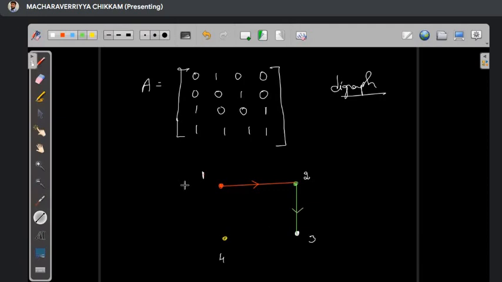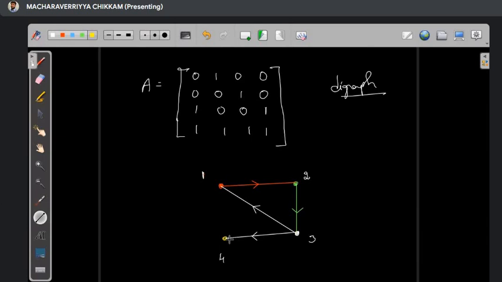Next, let me come to 3. The edges starting at 3 are 3, 1, and there is one more, 3, 4. And next, the edges starting at 4.